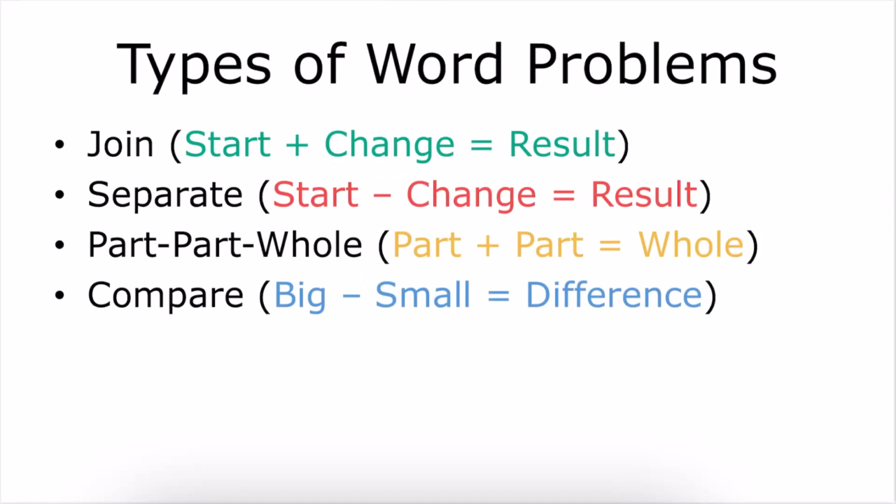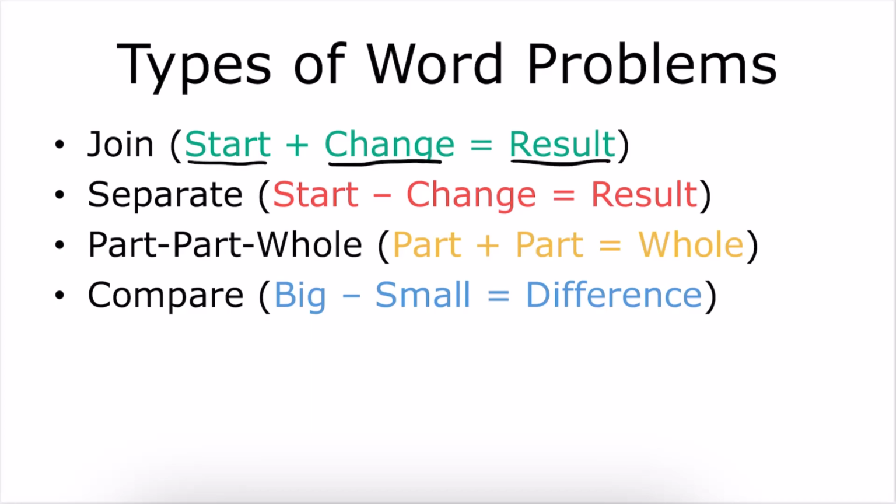So to summarize, we have 11 different types of word problems, and they're split into 4 categories. The 11 types of word problems are based on which part is missing in these categories. So you can have the start missing in a join problem, or the change missing in a join problem, or the result missing.